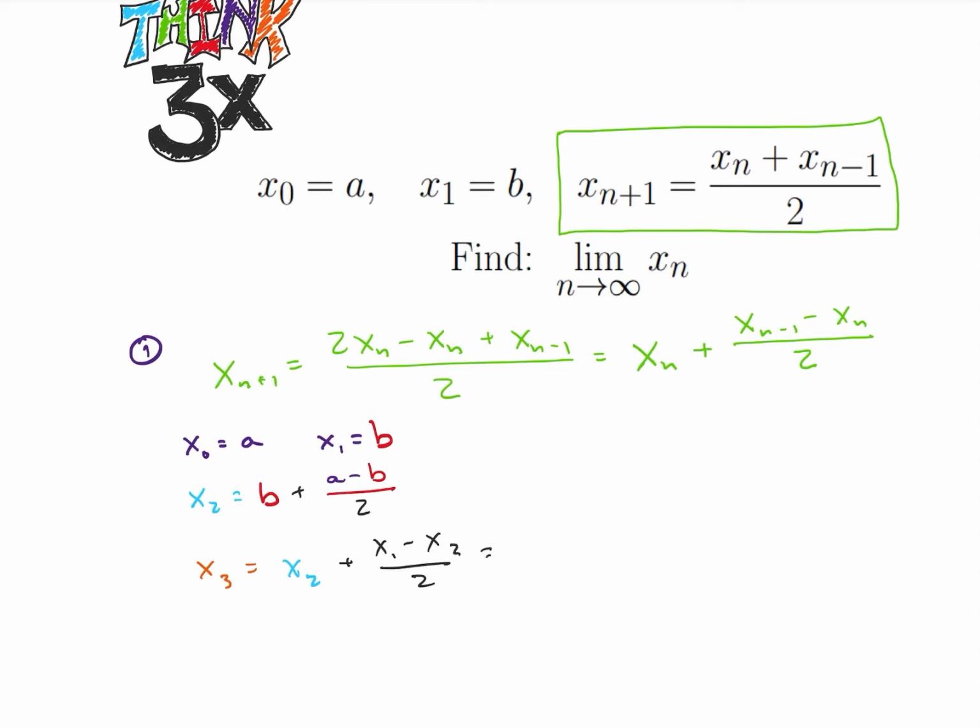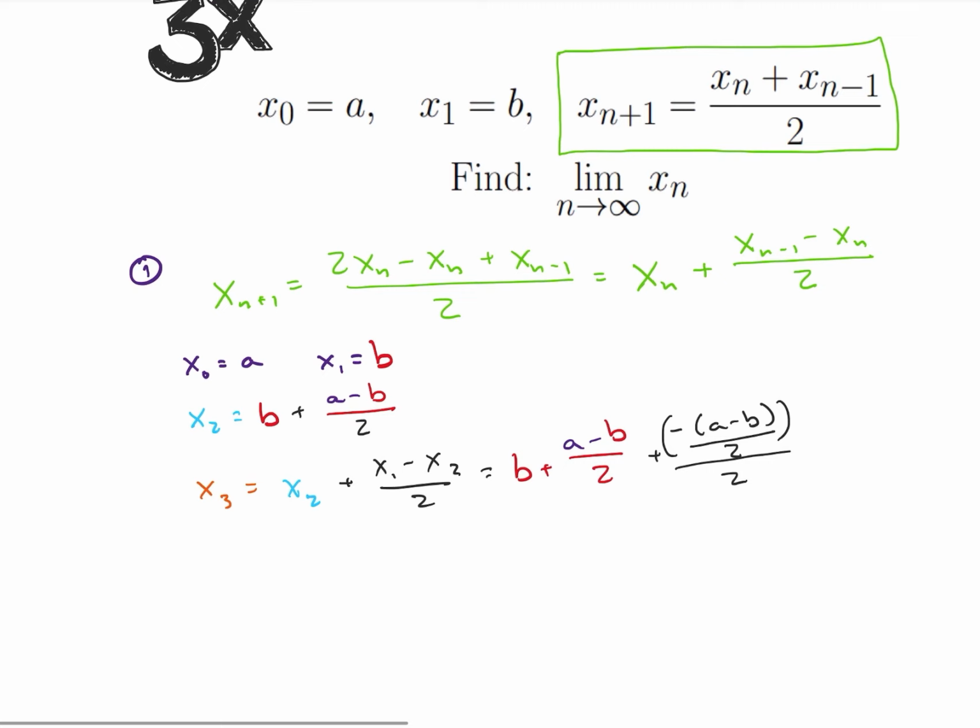And this whole thing is going to be b plus a minus b divided by 2, and then I'm going to add the difference, so that difference is negative a minus b over 2. And that whole thing is divided by 2 again. So I'm doing the difference divided by 2.